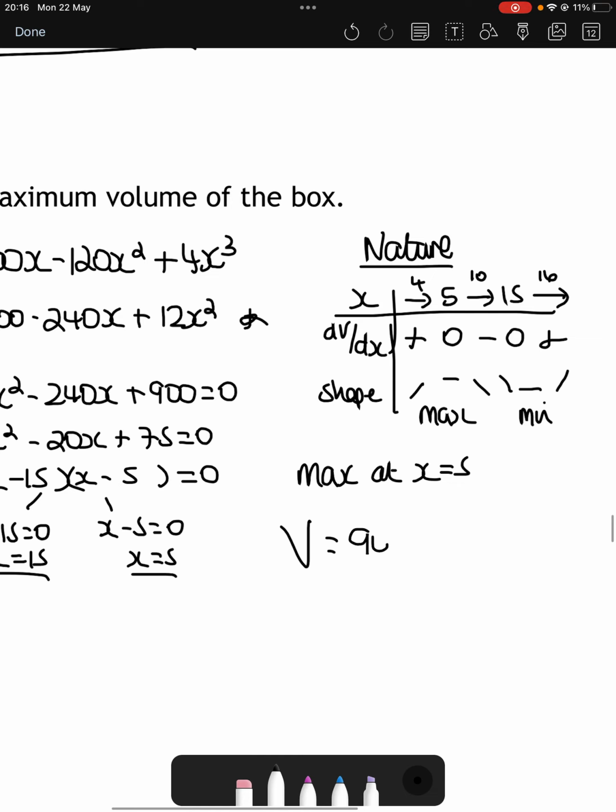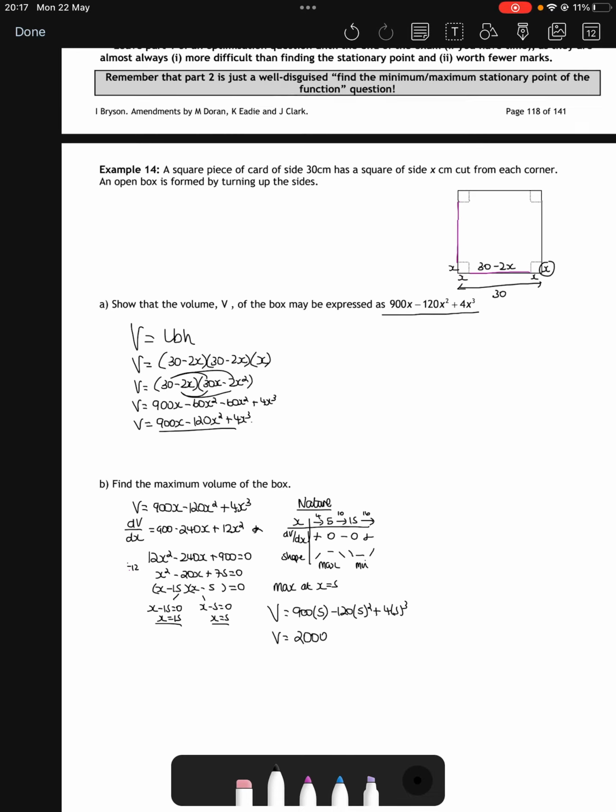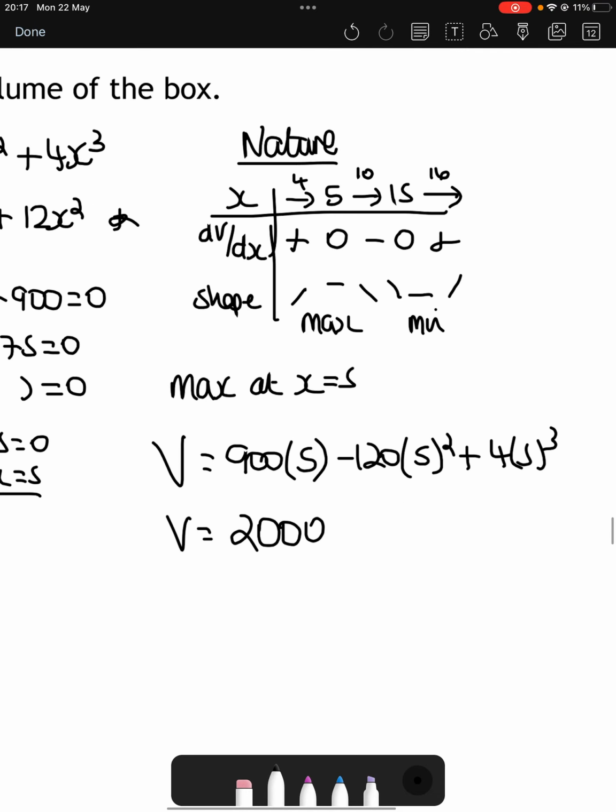So 900 times 5 minus 120 times 5 squared plus 4 times 5 cubed. And then again, you're going to chuck that in your calculator. And we get 2000. Okay, what are our units? Our units are in centimetres, so centimetres cubed.